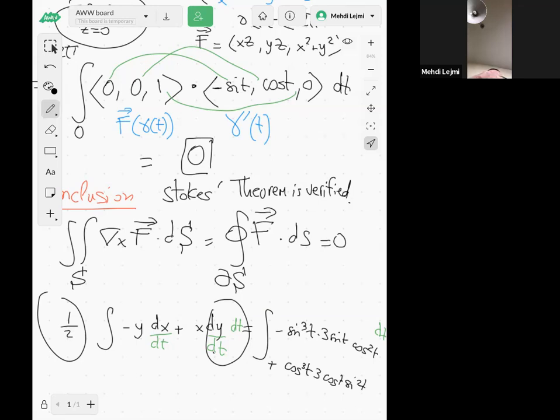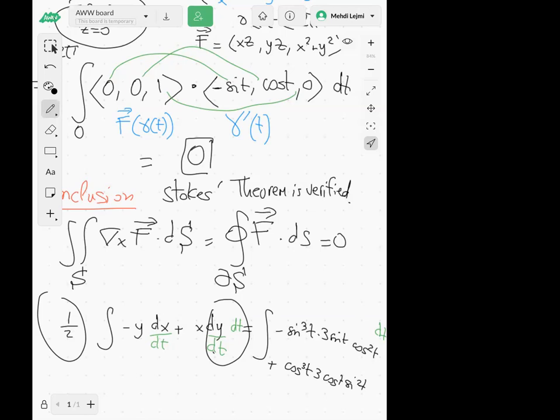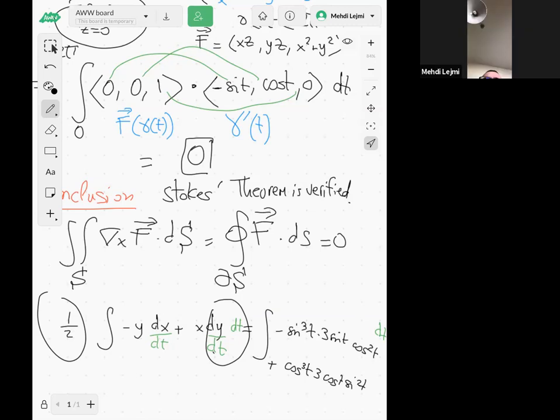If it's closed, the terminal and initial points are the same, so that's f of B minus f of B, which is 0. So the answer should be 0. You have to justify your answer: because f is conservative, the line integral is path independent, so the integral will be f of B minus f of B, which is 0.